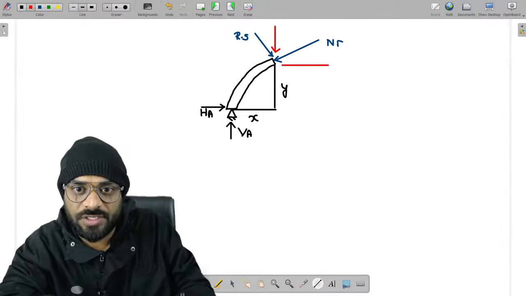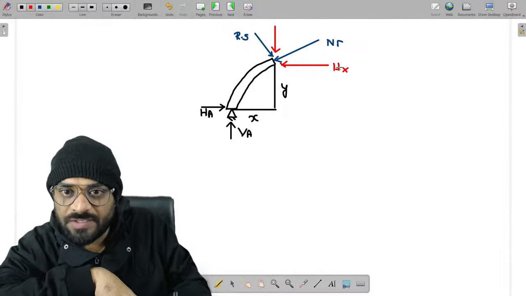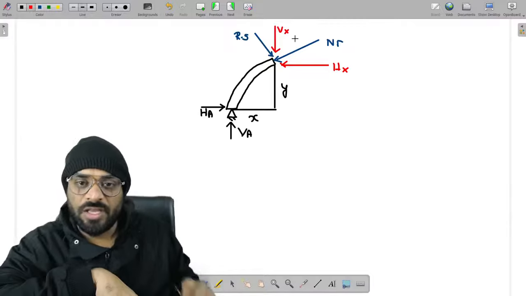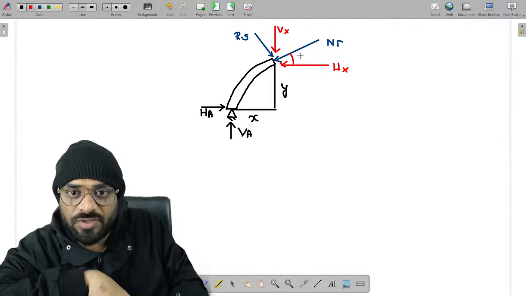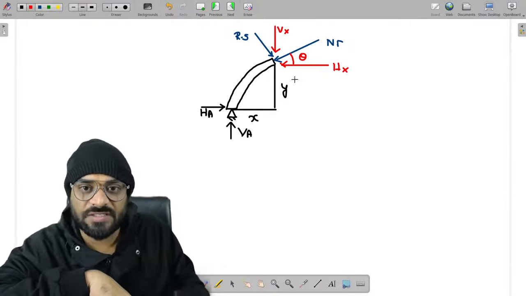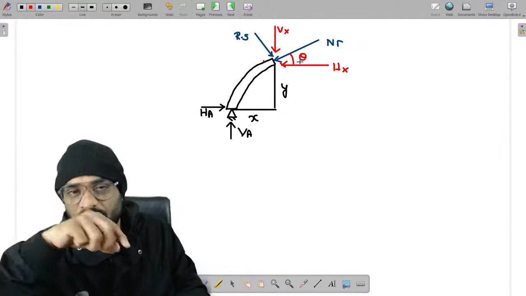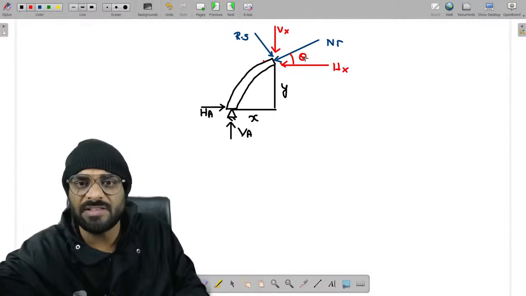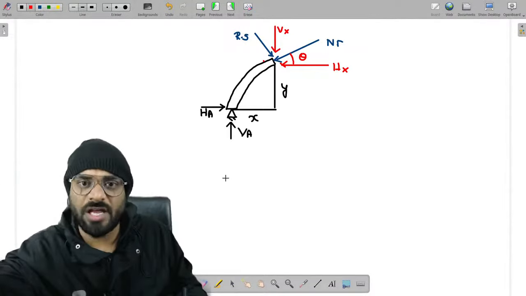One is horizontal and second is vertical. So you need to find out the value of Hx and the Vx value. And please remember, in case of parabolic arch, we have the angle with respect to horizontal always. Or you can say that it is basically a tangent with respect to the surface, and you have to find out the angle with respect to horizontal for that particular tangent. That is nothing but our theta. How we can find out the theta value, I will tell you later on.